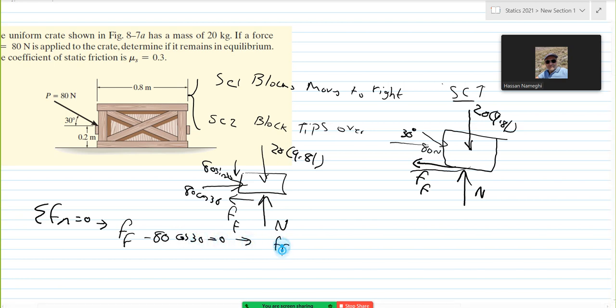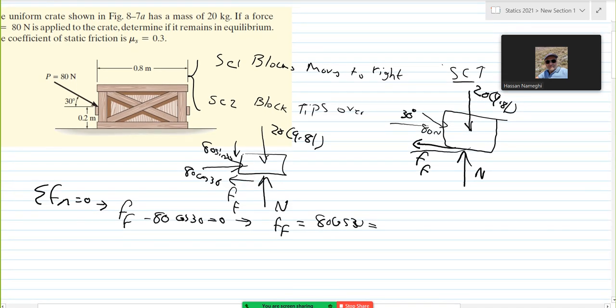From here, the friction force is equal to 80 cosine 30, and the answer for this is 69.28. I'm going to just say 69.3.